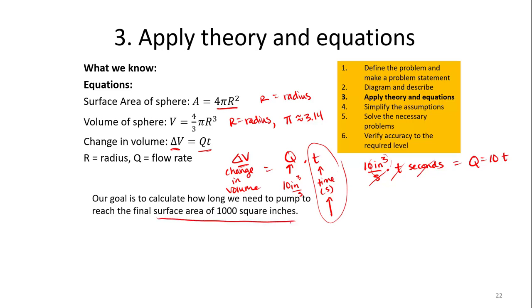So the general strategy we can follow is first, we want to calculate the final radius of the balloon using the surface area equation. Then we can calculate the final volume.